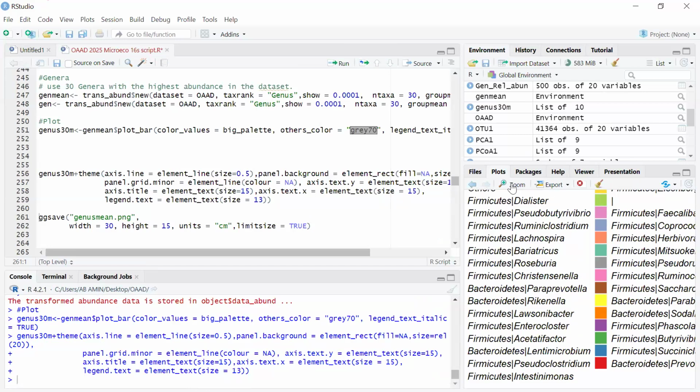But since we all have the codes for those running, can you just copy it and put it in the chat box? All right, so let me just save it first and then I will paste it in the chat box.